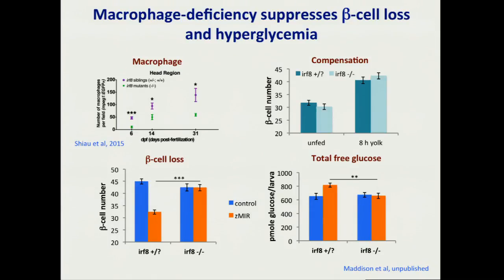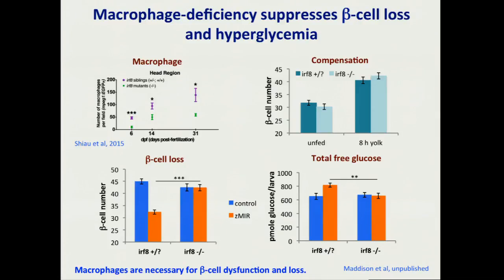Interestingly, if the macrophage is gone, the beta cell seems to be working fine, because the glucose seems to be okay. This suggests to us that macrophage is necessary both for beta cell dysfunction, or lowering its function, and for beta cell death.